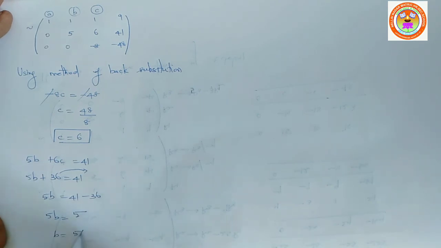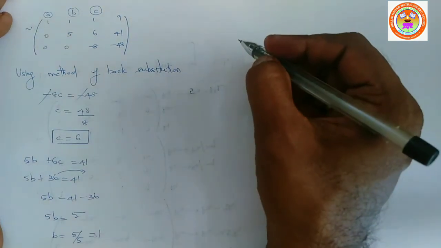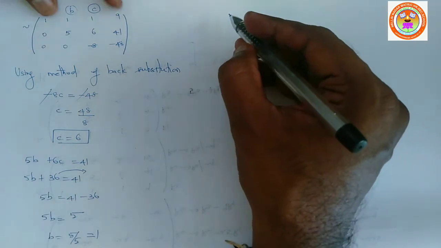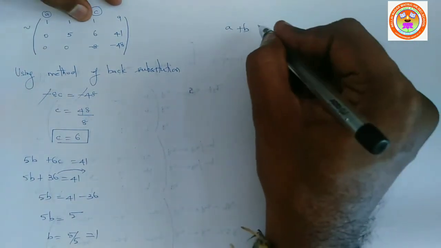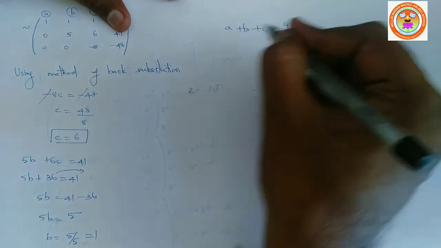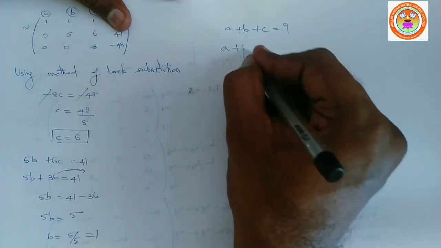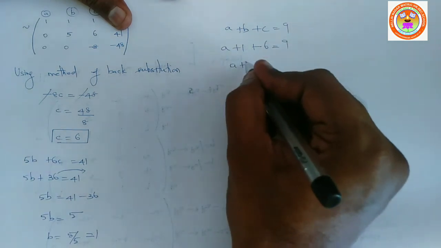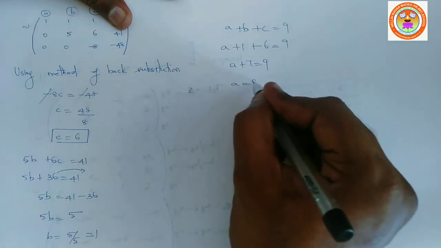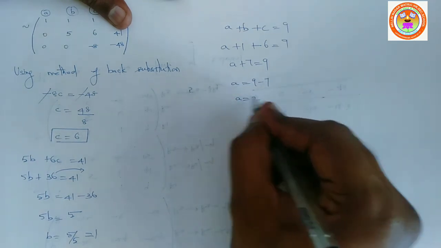B is equal to 5 by 5, which gets the answer as 1. Next, the final step: 1 into A is A, 1 into B is B, 1 into C is C is equal to 9. A we need to find. B answer is 1, C answer is 6, so A plus 7 is equal to 9. A is equal to 9 minus 7. A is equal to 2.